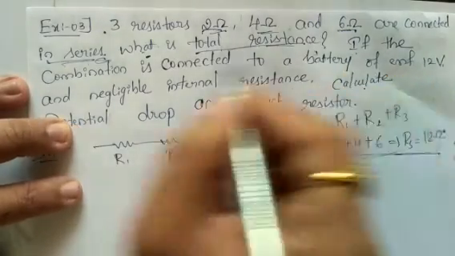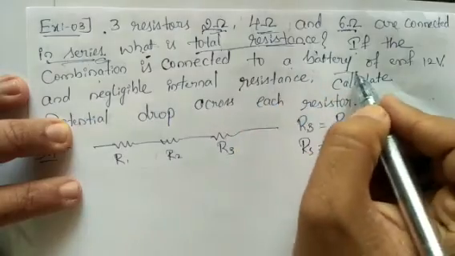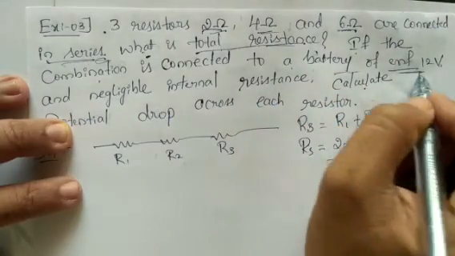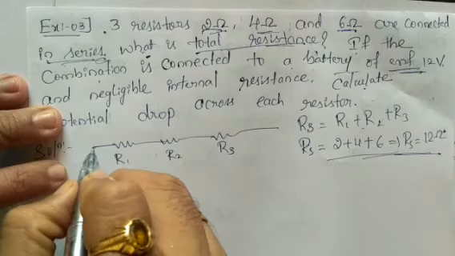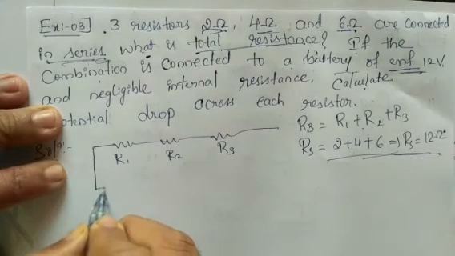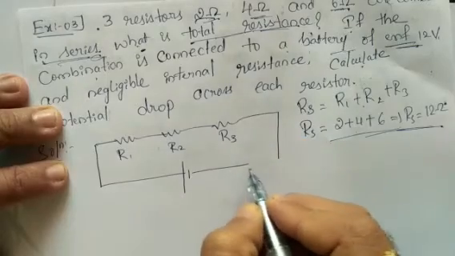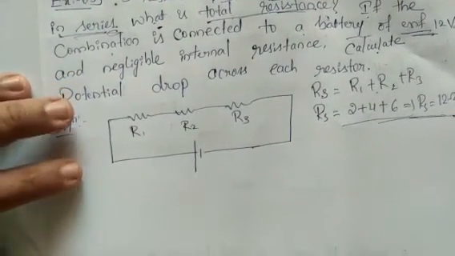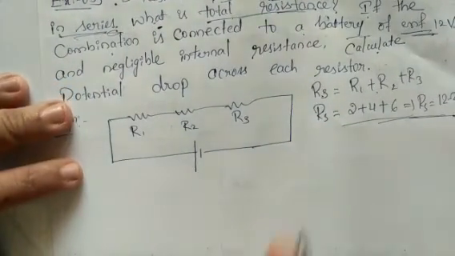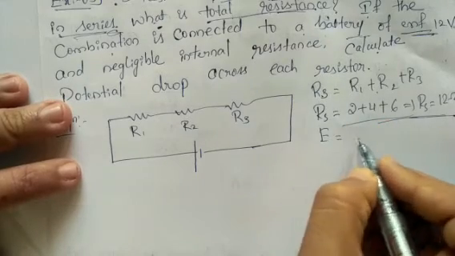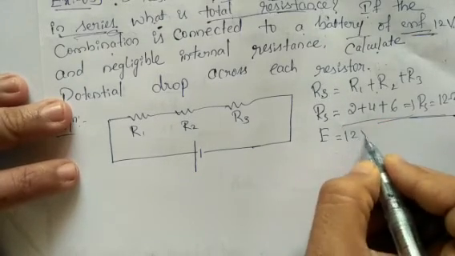Now, the combination is connected to a battery of EMF 12 volts. So the combination is connected to a cell having an EMF E equal to 12 volts.